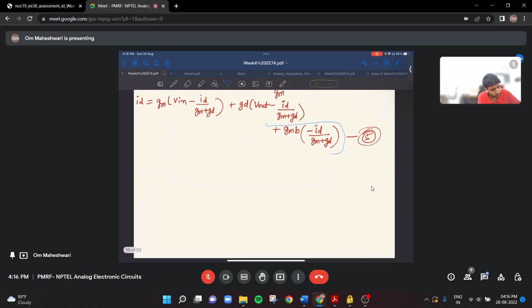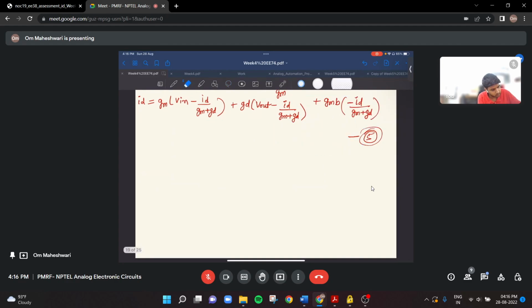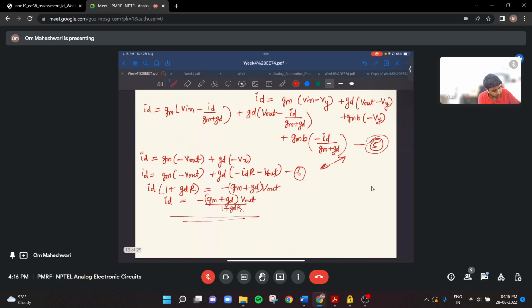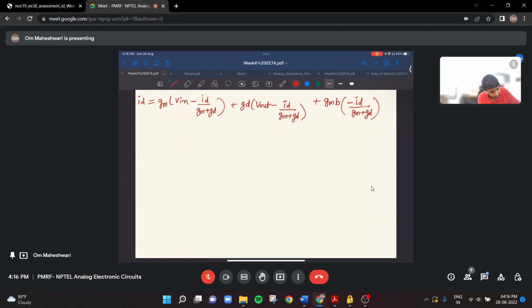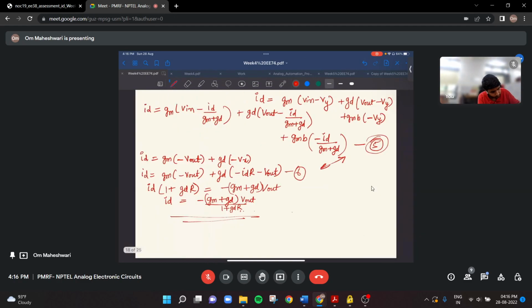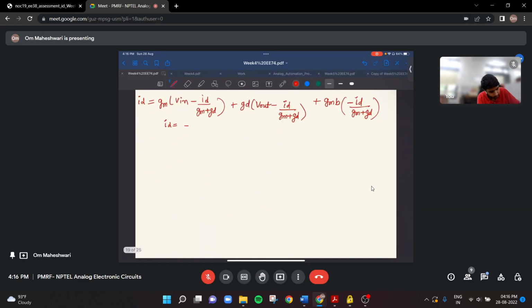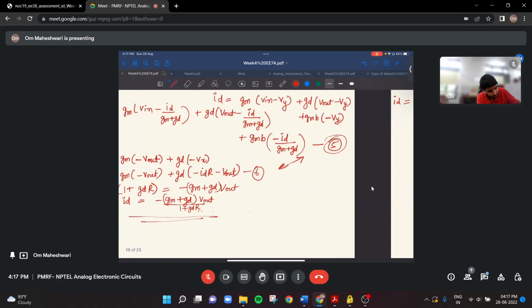What is ID? ID is equal to minus (GM plus GD) V out divided by 1 plus GDR.